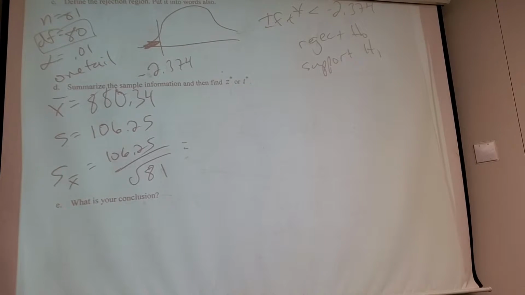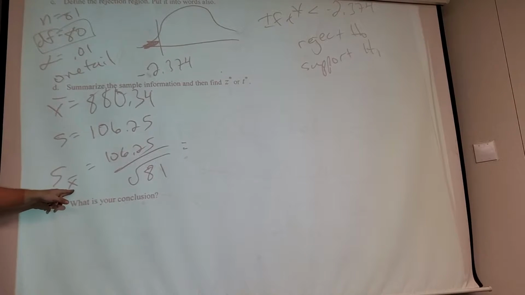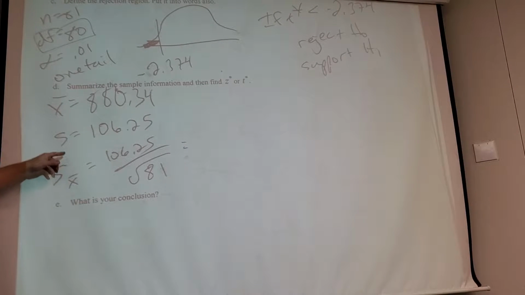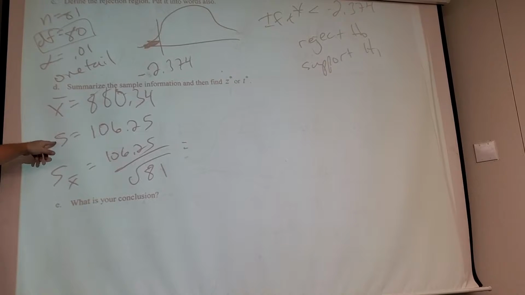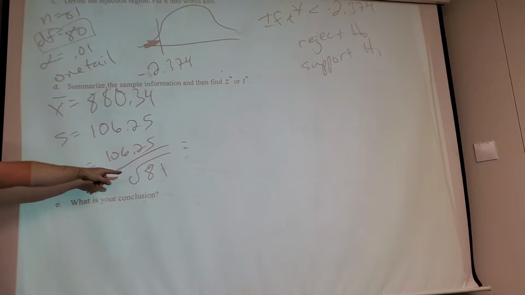The only reason you think it's the sample is because it's the one for the sample means. That's what this means: standard deviation for sample means, as opposed to standard deviation for individuals, which is what this is. I don't care if that's an S or a sigma, it is for individuals. I always have to do this to make it for groups.